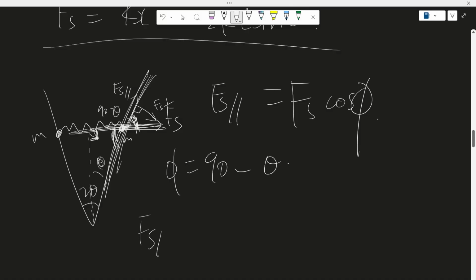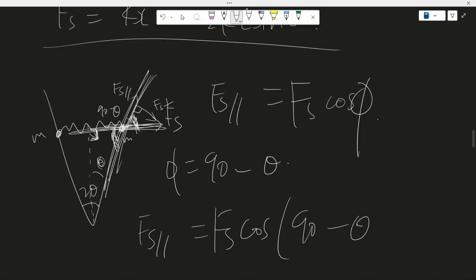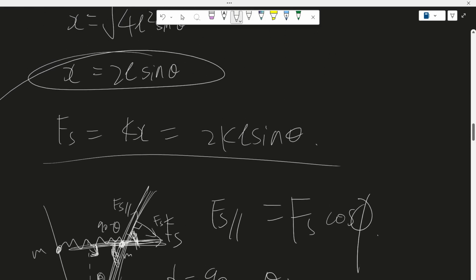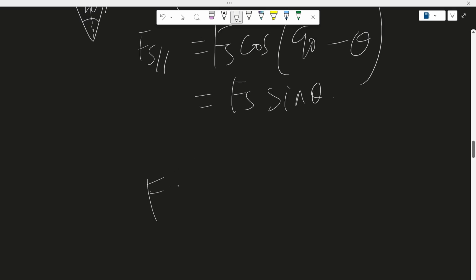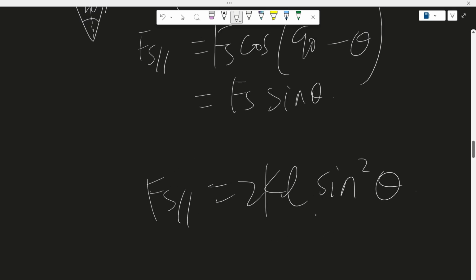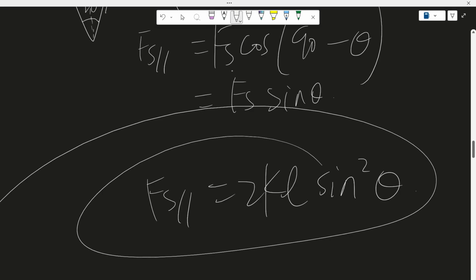And so Fs parallel equals Fs cosine of 90 minus theta. And then we know that cosine of 90 minus theta is basically sine theta, so it's Fs sine theta. And then we know that Fs is 2kL sine theta, and so Fs parallel is 2kL sine squared theta. And so this is the parallel component.